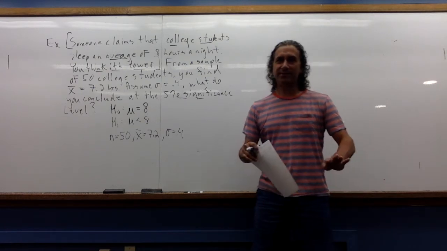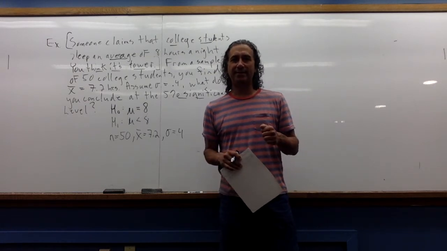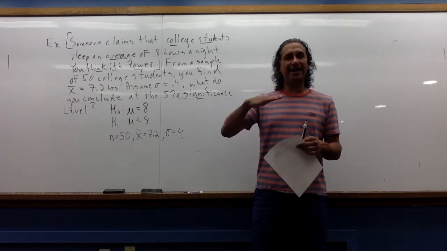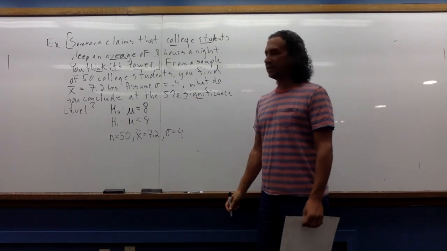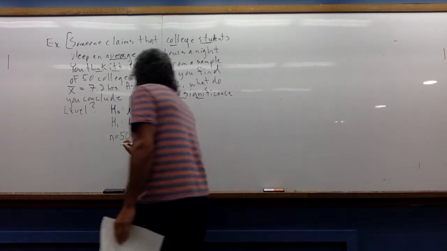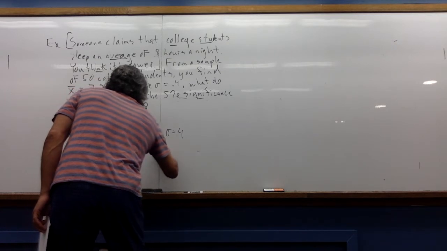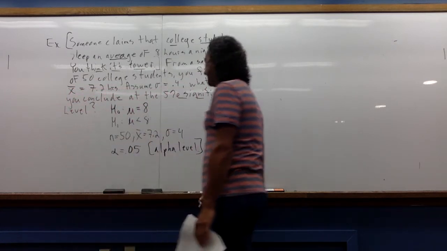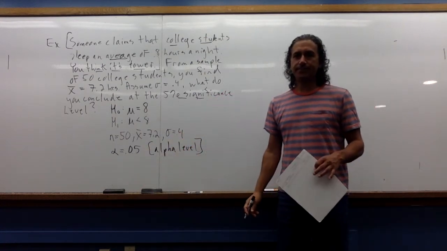I shouldn't say this on video, but that's somewhat arbitrary. I mean, I could say 85 is passing the class. Doesn't matter what someone says, but once they say it, that is the cutoff. So this 5% significance level is also called the alpha level. The alpha level of a test is our prescribed cutoff.